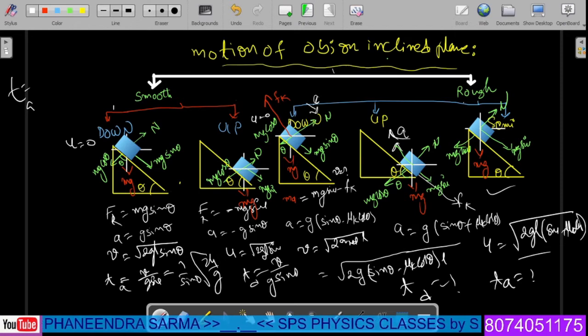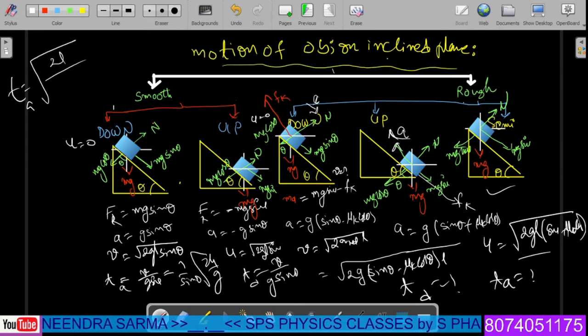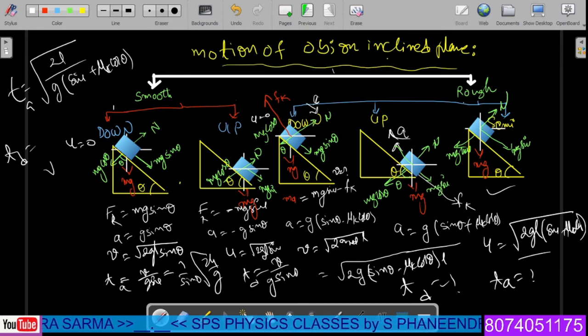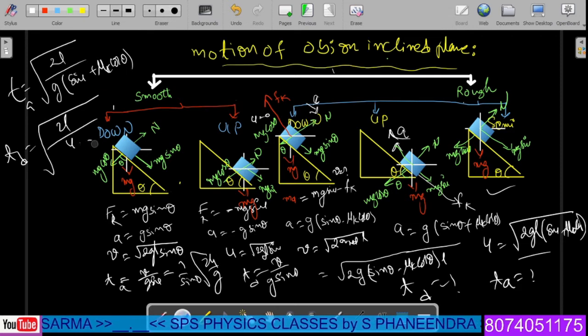Time of ascent, going in the upward direction, is given by square root of 2 into L by g of sin theta plus mu k cos theta as the first formula, and the time of descent is given by root of 2L by g of sin theta minus mu k into cos theta.